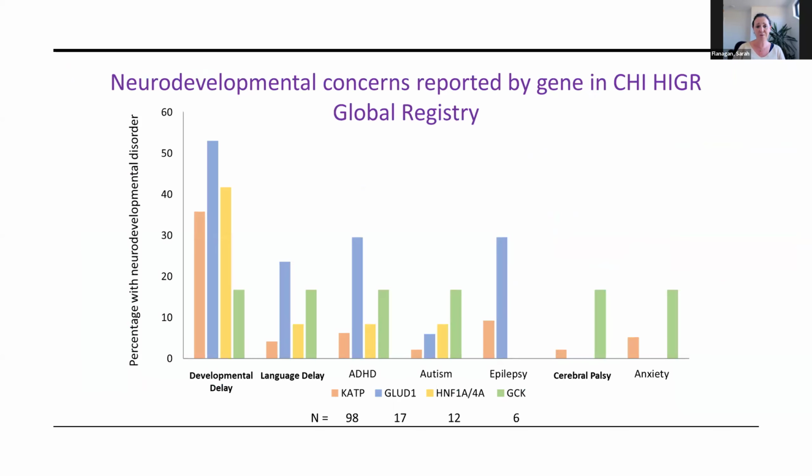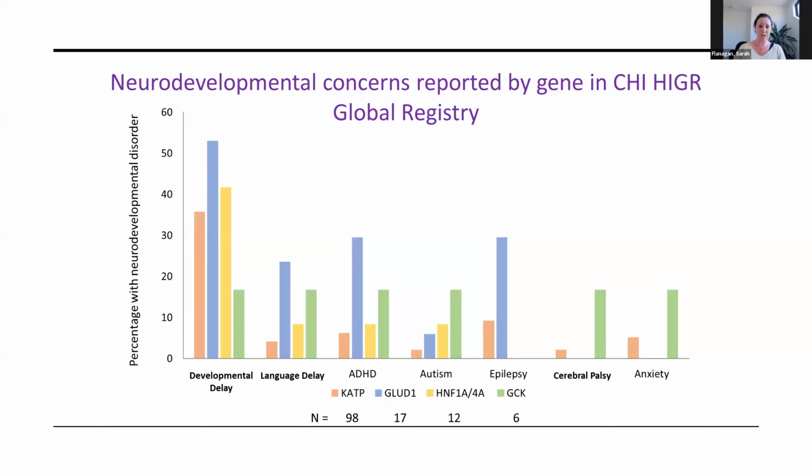What we've found so far, though the data still needs cleaning and is very preliminary, is that we've taken some of the most common genetic forms of hyperinsulinism, and across those forms there are multiple neurodevelopmental concerns in all children, regardless of the genetic subtype of HI. What we really want to do now is dive deeper into this data to see whether there are specific patterns related to different genetic subtypes of HI.